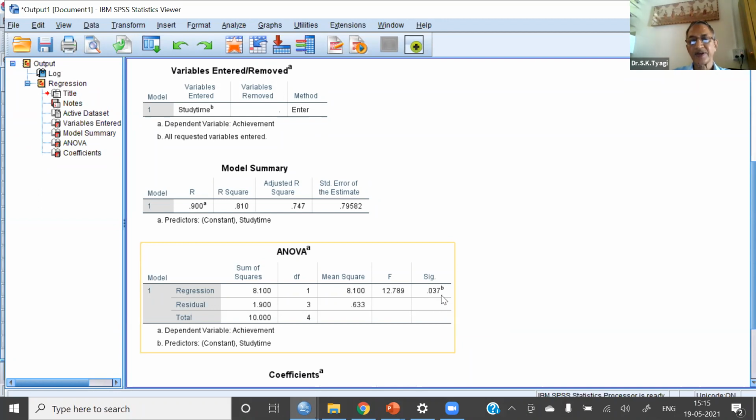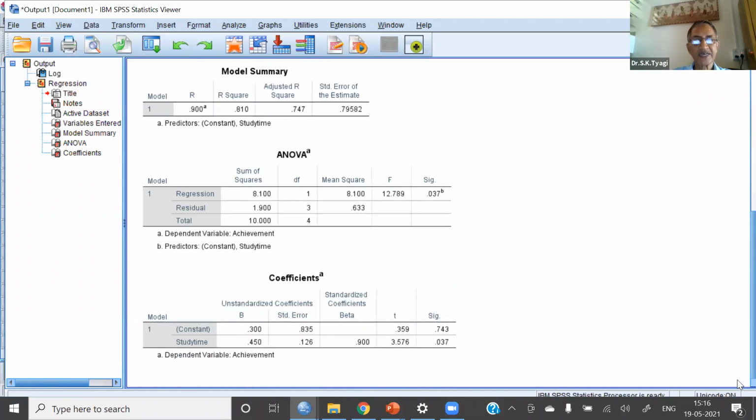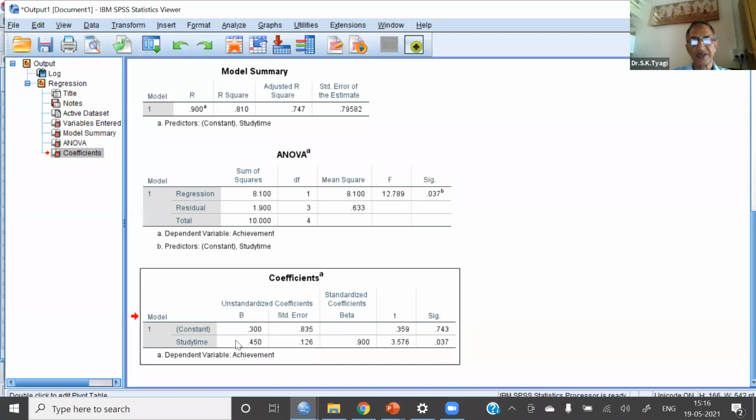And it is significant because the value is 0.037, which is less than the alpha level of 0.05. Then next we have the coefficients, and the coefficients, as you know, are 0.300 and 0.450. This is the y-intercept, and 0.450 is the regression coefficient.